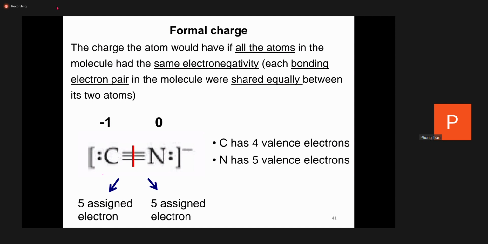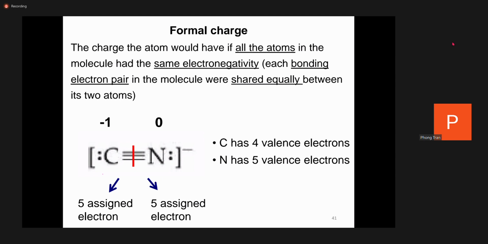It makes the covalent bond because the two atoms share their electrons. And normally the two atoms have different electronegativity. When they differ, one atom has higher electronegativity and a greater tendency to attract the electron.